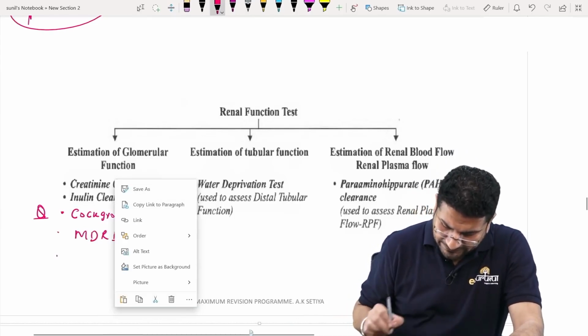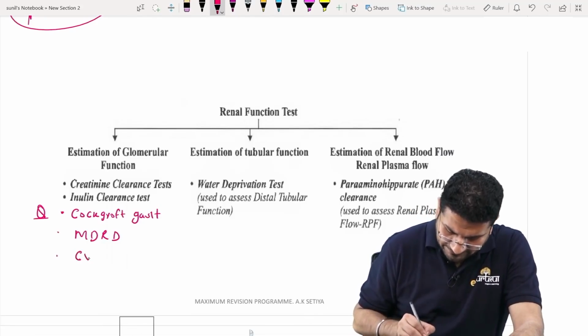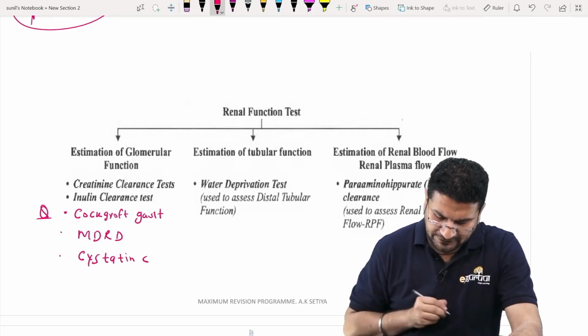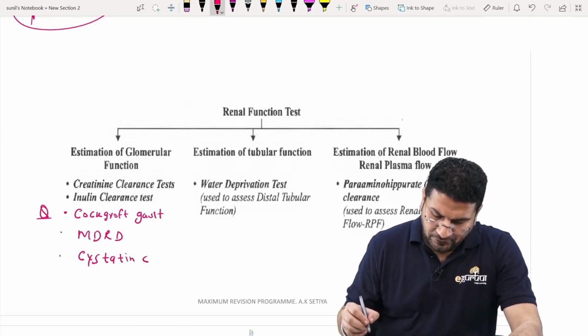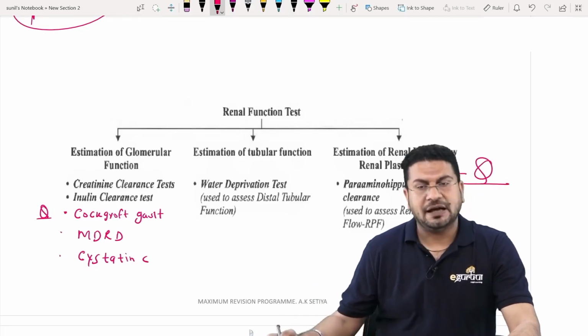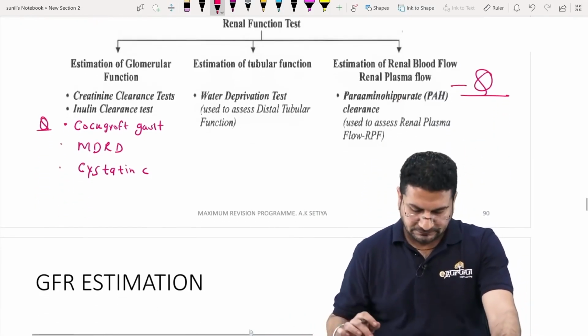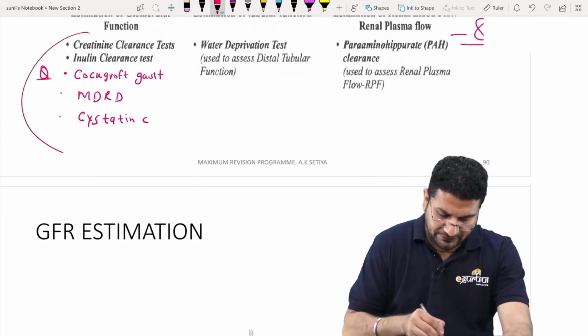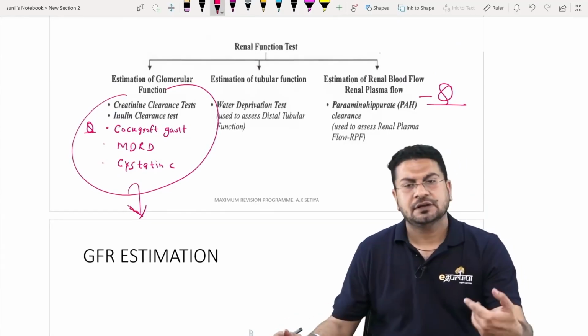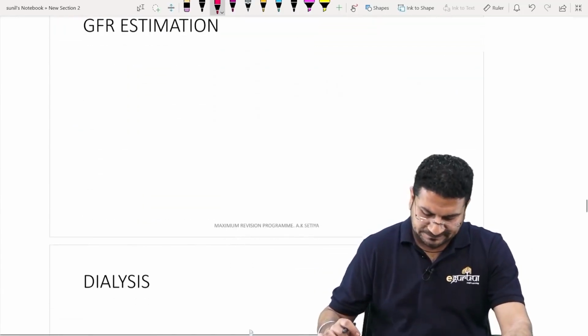And the latest one is the best one, this will again be an expected question, that is the Cystatin-C method. For tubular function, we do the water deprivation test, and for renal plasma flow, we have para-aminohippuric acid. So these are the methods we use for GFR estimation.